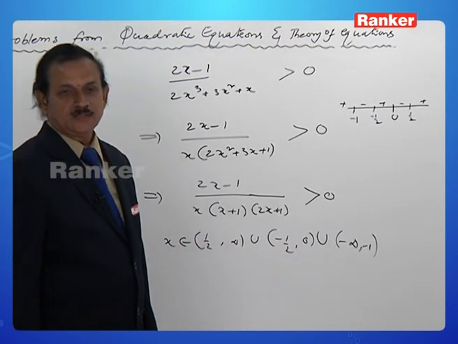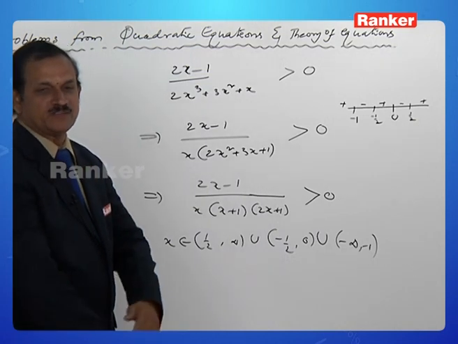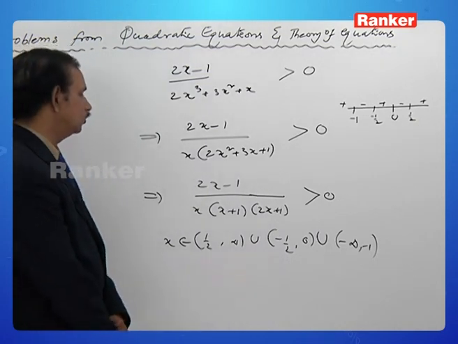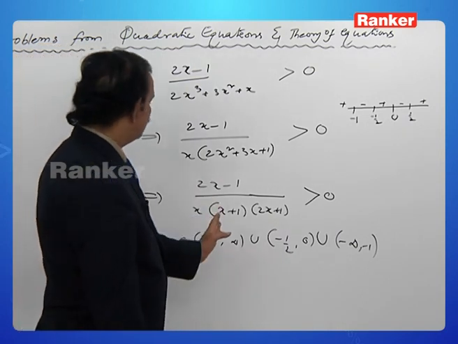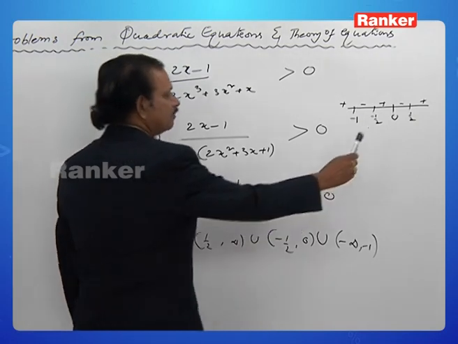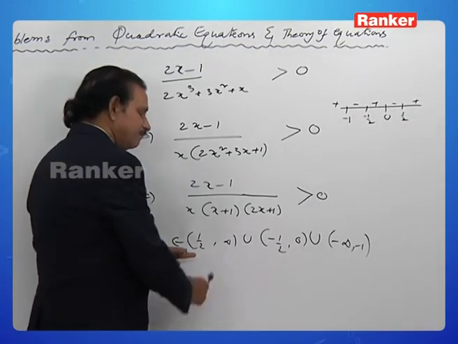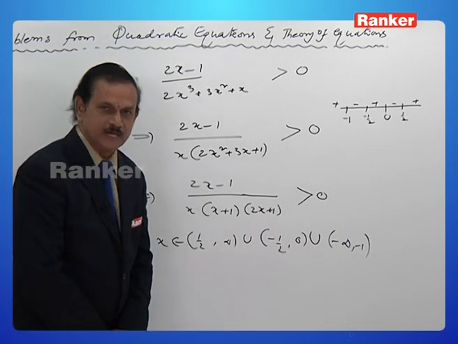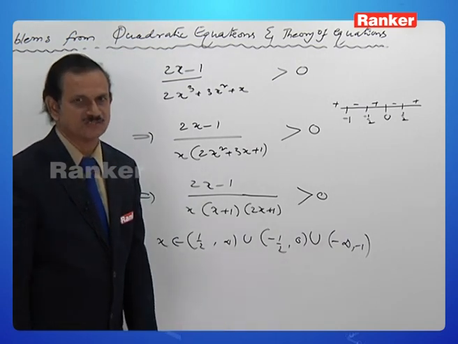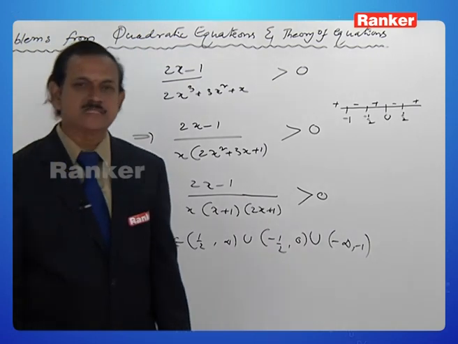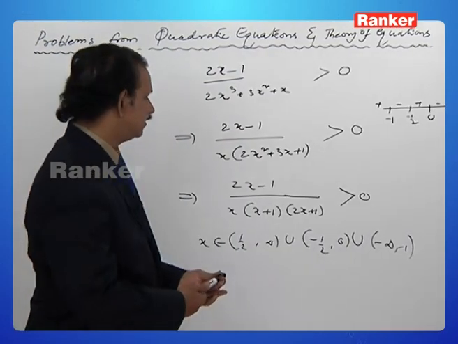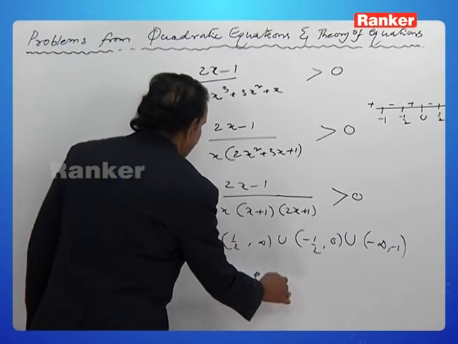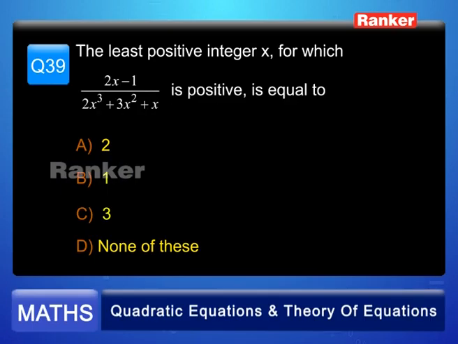Well, least positive integer x for which it is positive: minus half to 0 and half to infinity. This is the positive region. Half to infinity, how many positive integers will be there? Infinitely many positive integers will be there. Out of all those positive integers greater than half, what is the least positive integer? 1. The least value of x is 1. Option B is the right option.